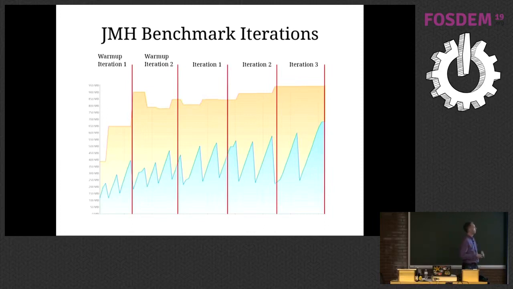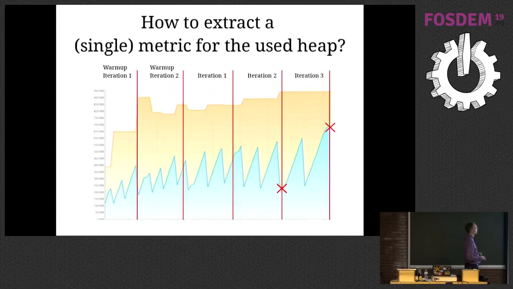In this case, I do 2 iterations for warming up and 3 iterations for the measurement. When I want to know how much heap I use, I can take a look, and I get interesting values. It could be down here or up there. So no idea.